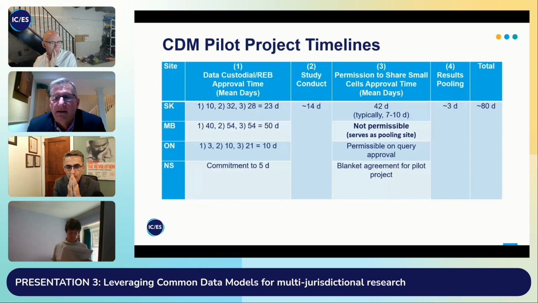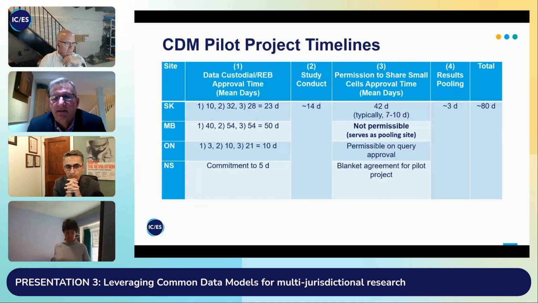And then step 3 would be seeking approval to share the small cell tables. Some of you will know that we're typically not able to share cells in tables less than 6. It varies a little bit from province to province, but that's our lowest common denominator.